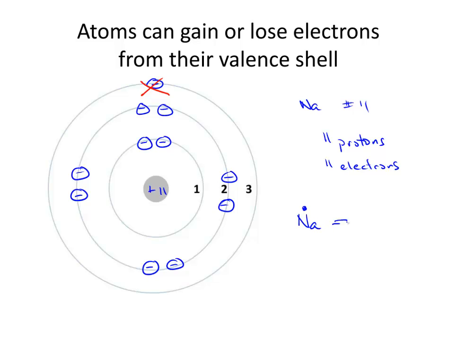If we show this on the Lewis structure, we say, oh, that dot, that outermost shell and what was its valence is now gone. And so the sodium with no dots around it represents a valence which is empty, meaning that the shell just below it is actually filled. Since the sodium lost an electron, it's now going to have a charge of +1 that we can represent like this.